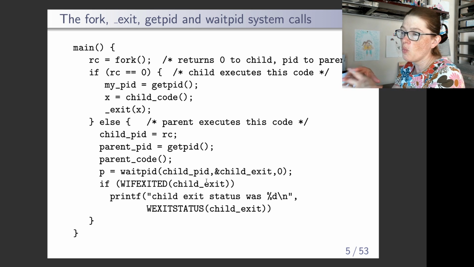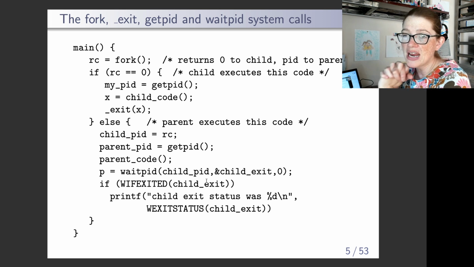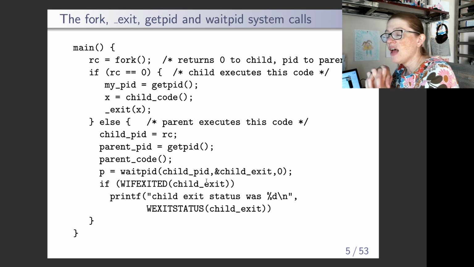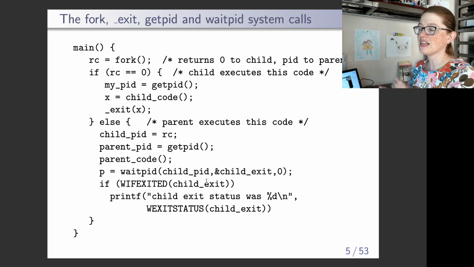If, however, when we call waitpid, our child process is still alive, then the calling thread, the parent, is going to block. And it's going to block until the child terminates. And when the child terminates, the child should wake its parent back up so that the parent can then grab the exit code.